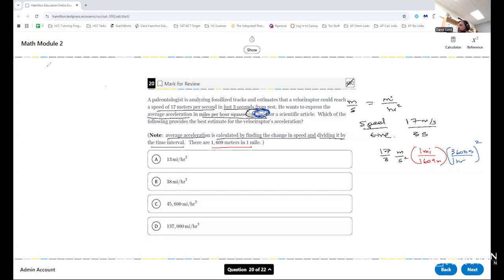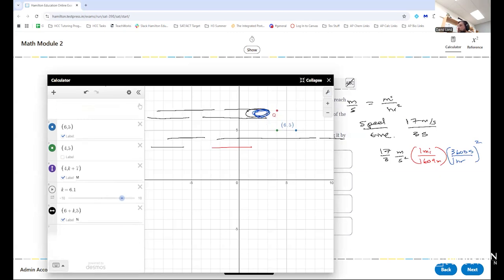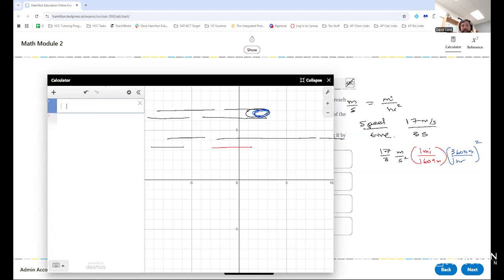So let's put it all in the calculator. 17 over 3 times 1 divided by 1609. Cool. And then times 3,600 squared.